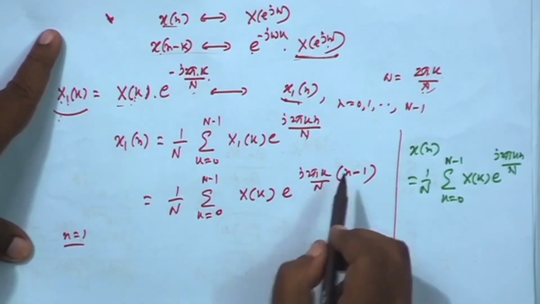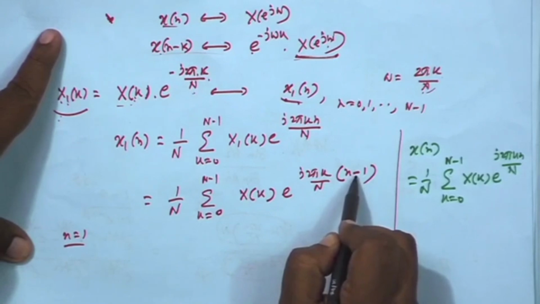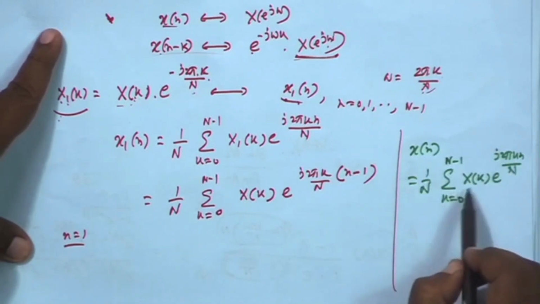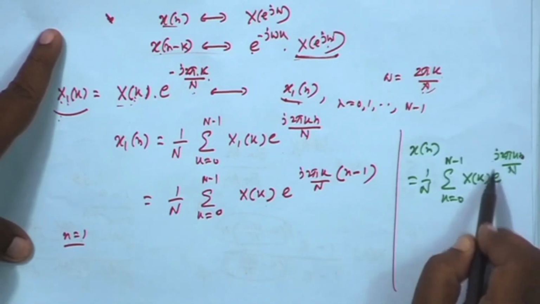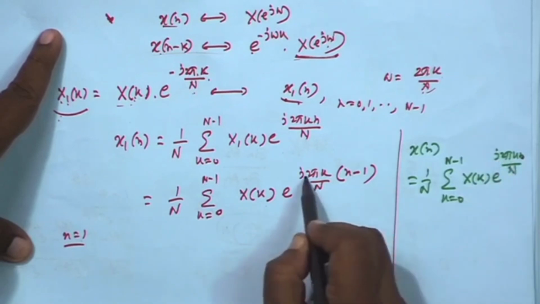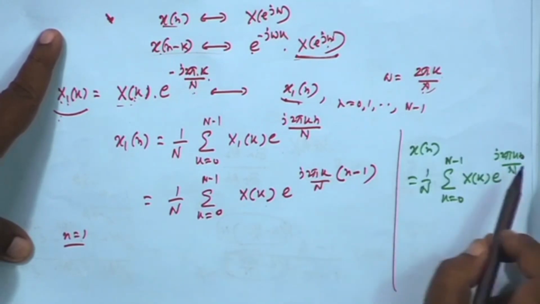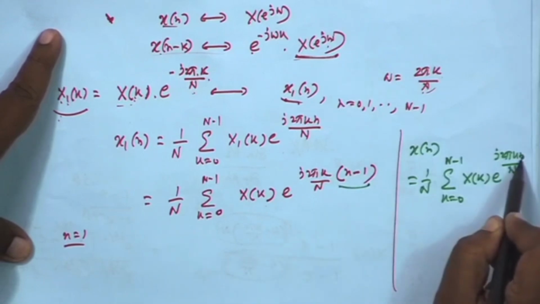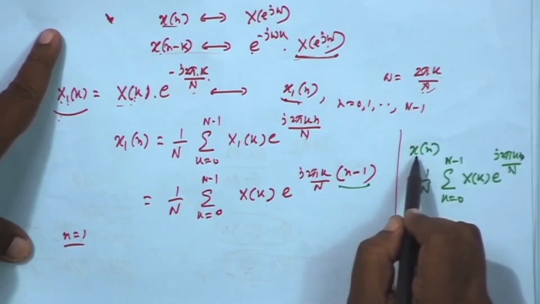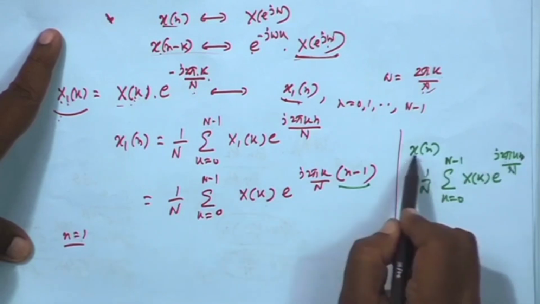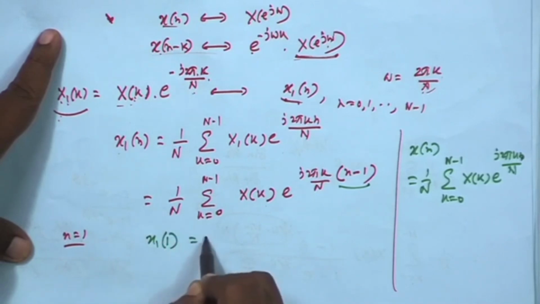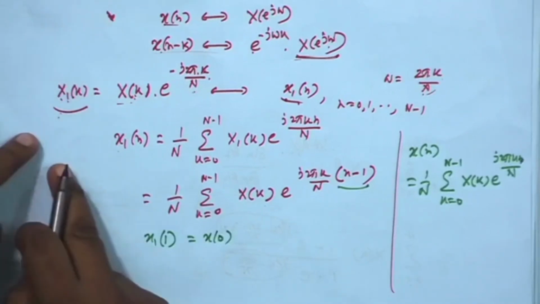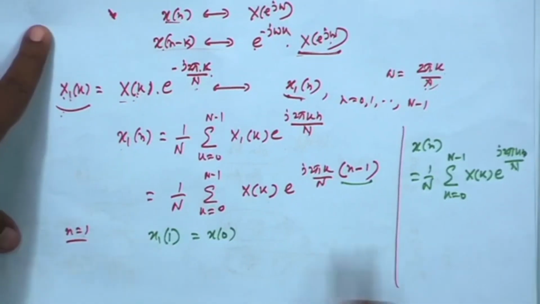If n equal to 1, it is 1 minus 1, 0, that is same as this formula with n equal to 0, because x k is present, e to the power j 2 pi k by capital N, all are present. This part is becoming 0, that means here it is n equal to 0, that is this will be x 0. So, x 1 if n is 1, that is same as x 0. So, that means x 0 is getting shifted.